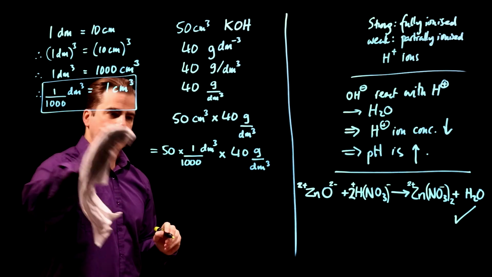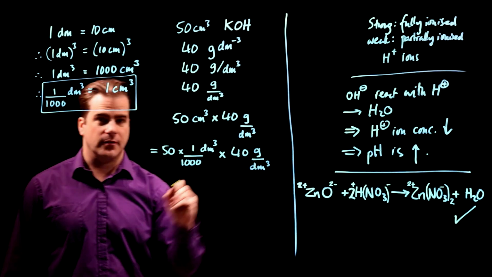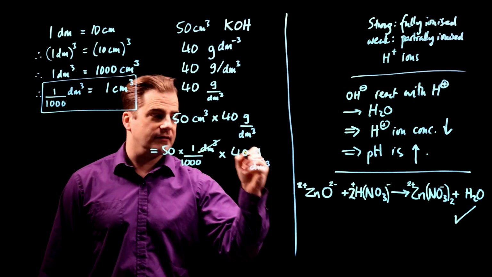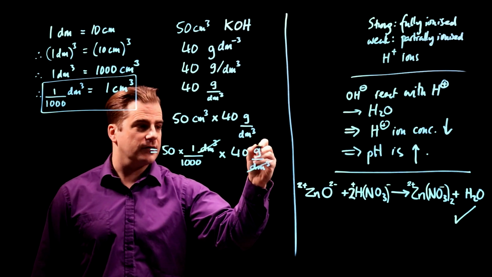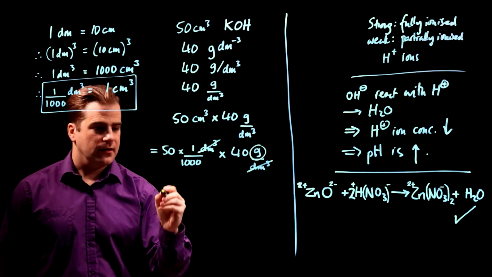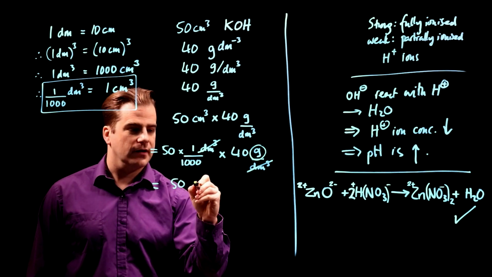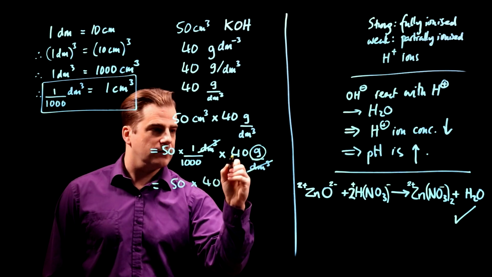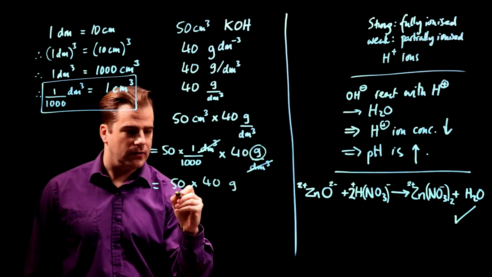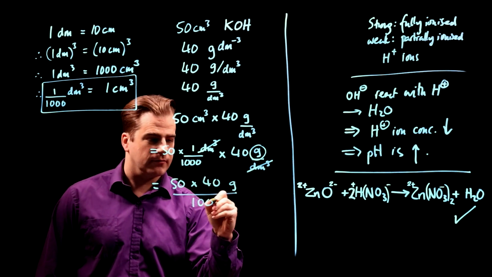Good. So now we've got dm cubed on the top and dm cubed on the bottom, and we can cancel. And we're left with just grams. Okay? So that becomes 50 times 40 grams over, it's just 1,000 on the bottom.